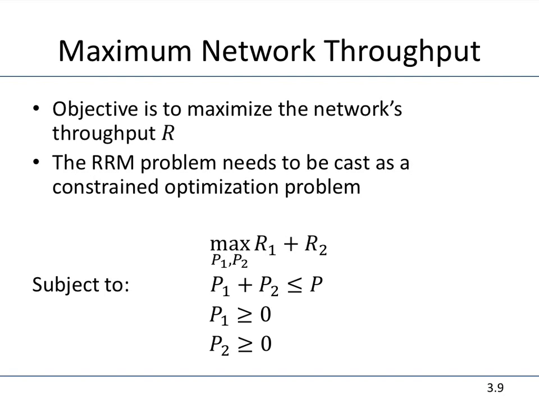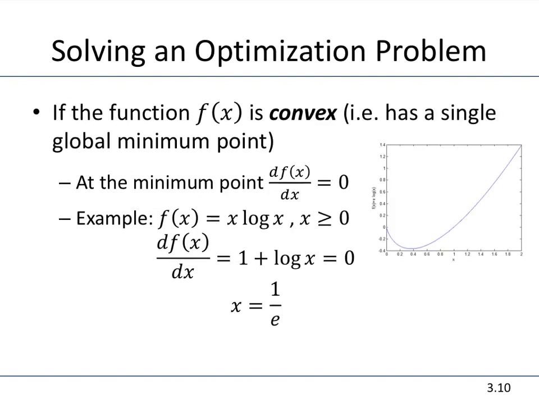Okay? This is subject to the fact that P1 plus P2 is less than the total power budget, and the fact that P1 and P2 are not negative numbers. Usually these constraints do not affect the solution that much.